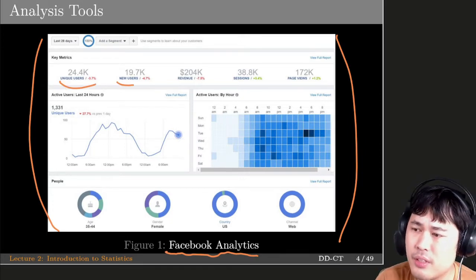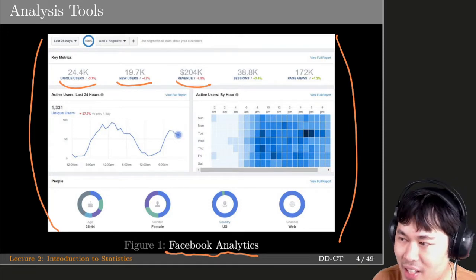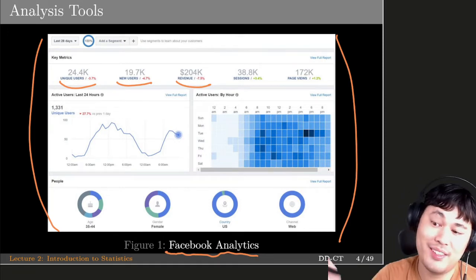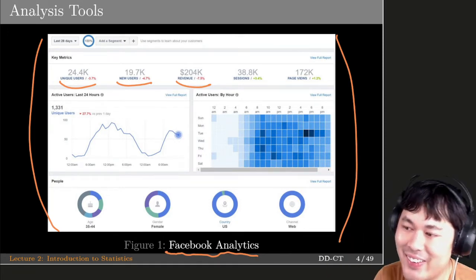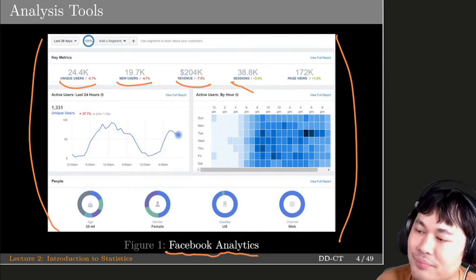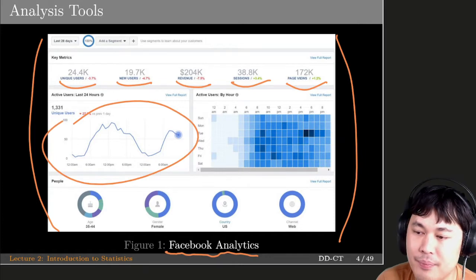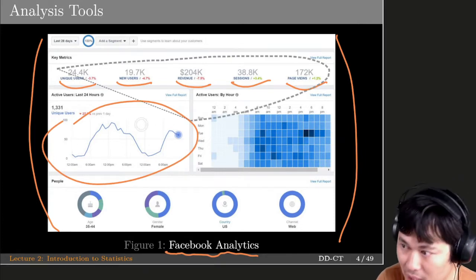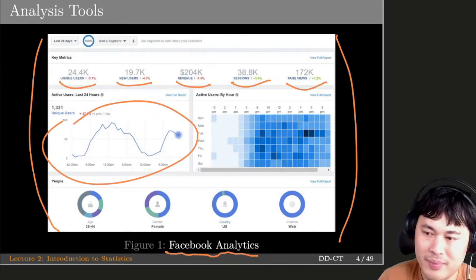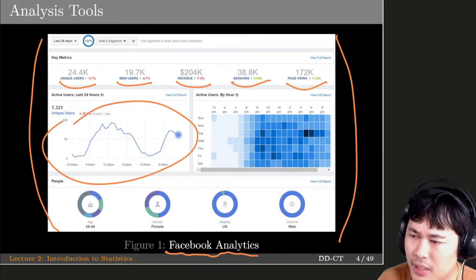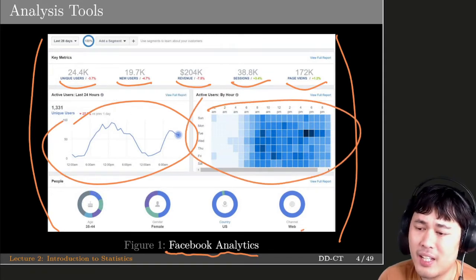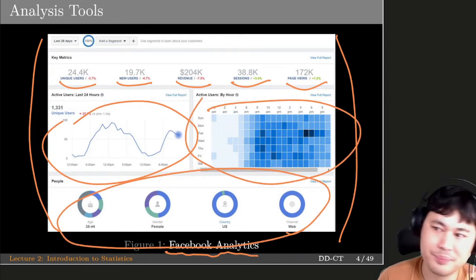The number of users, revenue, that's a lot. Of course, it's not my page, I Googled it somewhere. My sessions, page views, and some graphs. The top one is numbers, then we have some nice graphs, some nice tables, and then we have some pie charts.